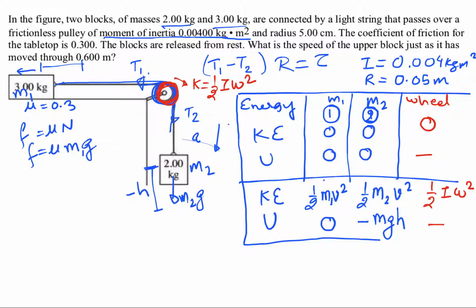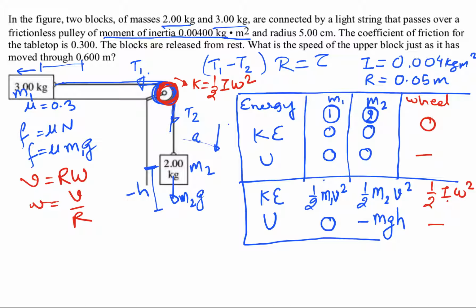The moment of inertia is given. However, if you notice the formula v equals r times omega, you can substitute that value. So omega equals v over r. So the total energy now is because of the linear motion and because of the rotation of the wheel. You have to spend some energy to rotate the wheel as well.